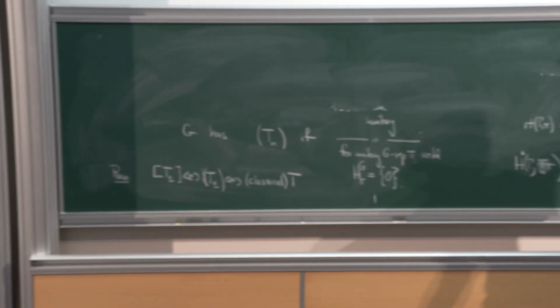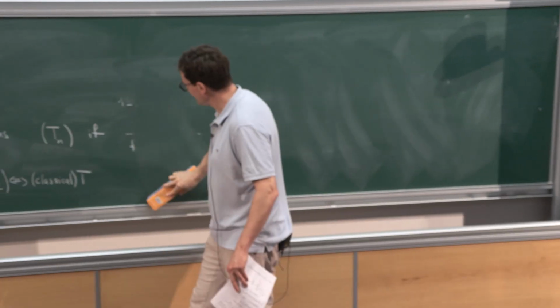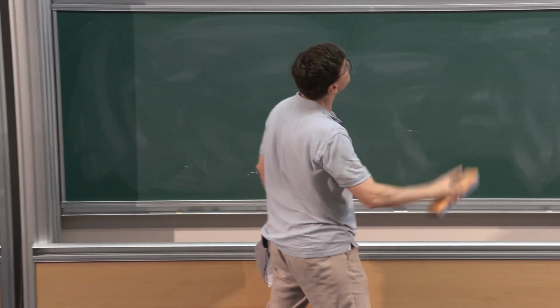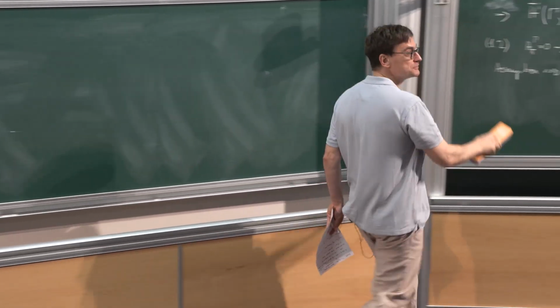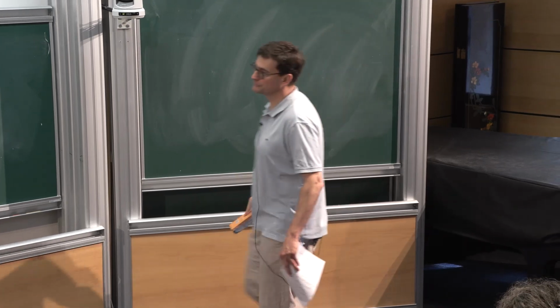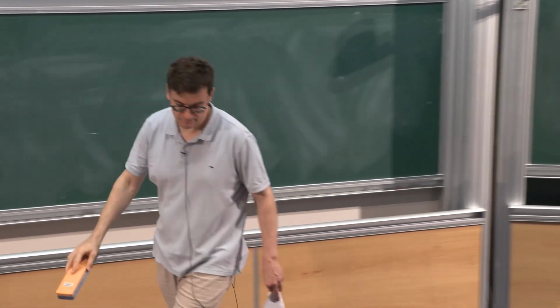So I said, trust me that you can do this link computation for these examples. And now I want to give you an idea how to do the link computation. And I want to do it in the simplest possible case.